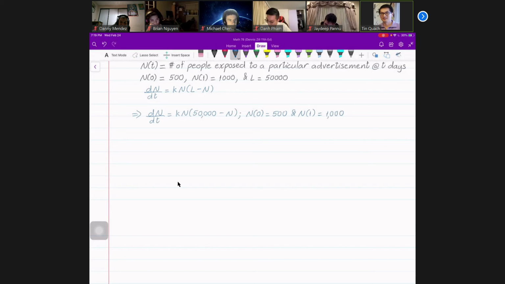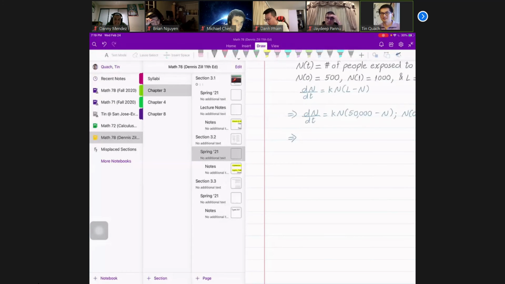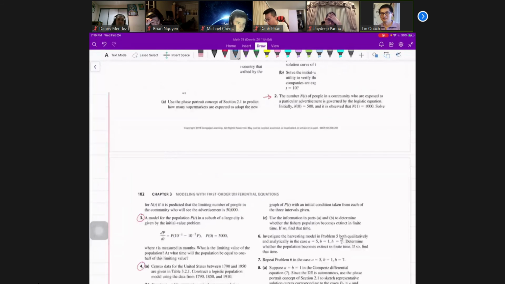All right. So can you tell me how we would solve for n? Separate the variables, right? Okay. Oh, by the way, before I do this, let's make a note in your book, and make sure you don't do it, okay?